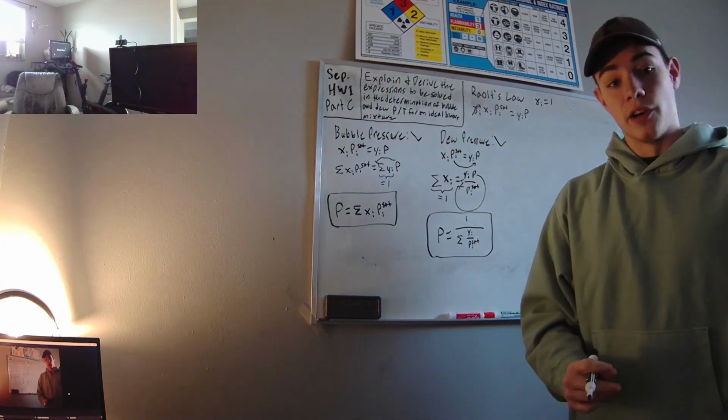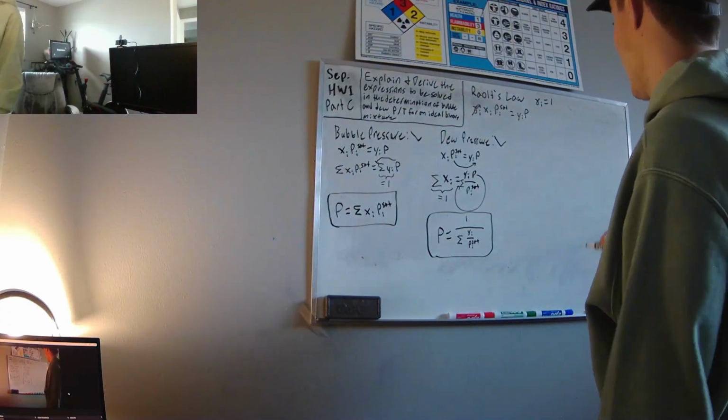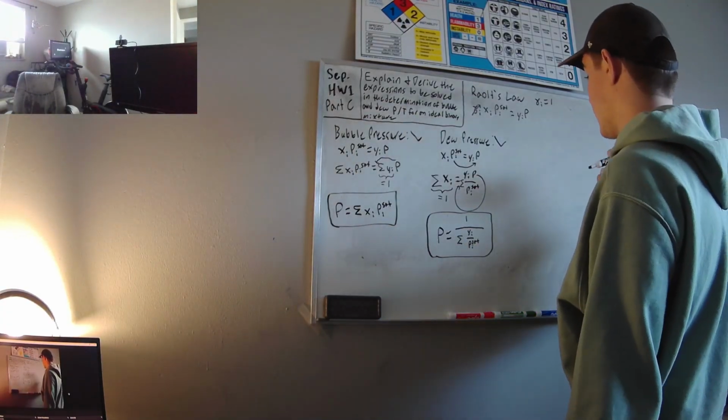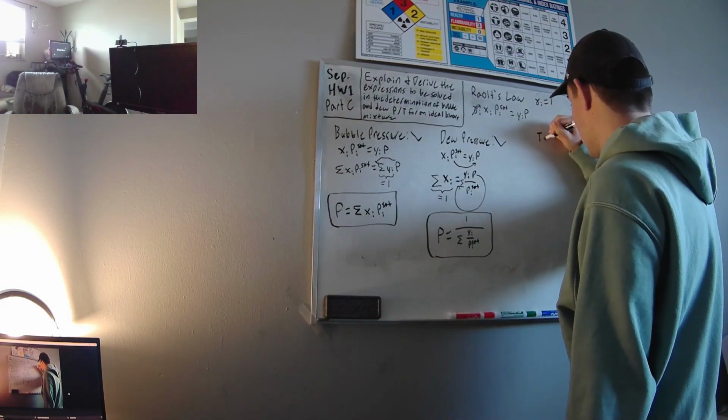Now here's the tricky part, which is finding our bubble temperature and dew temperature. To ask us to derive equations for that is kind of a trick question. So over here, I'm just going to write temperature.